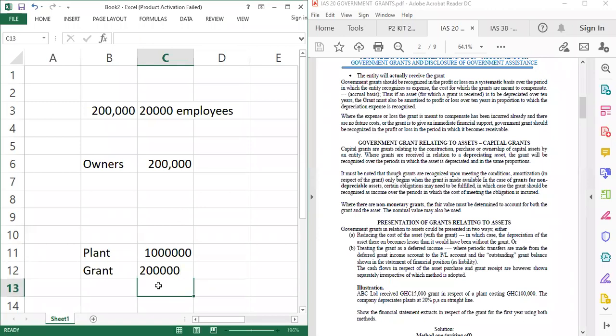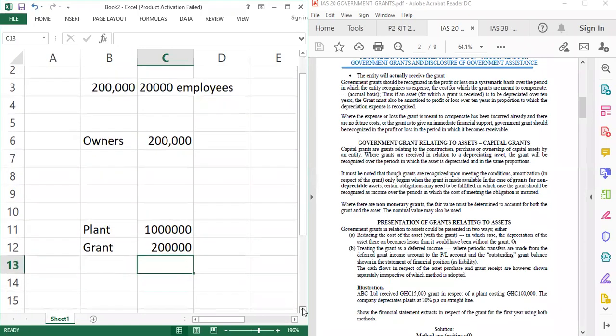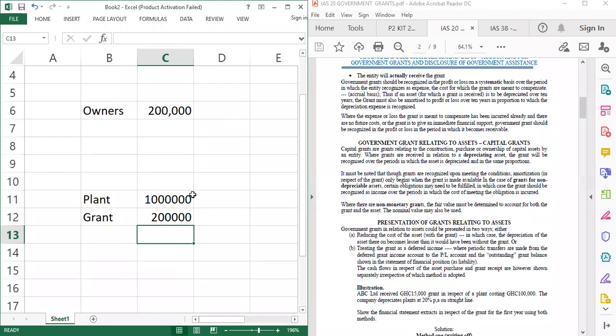In actual sense, how much are we spending on buying the plants? 800,000. So the net amount that we are spending is 800,000.